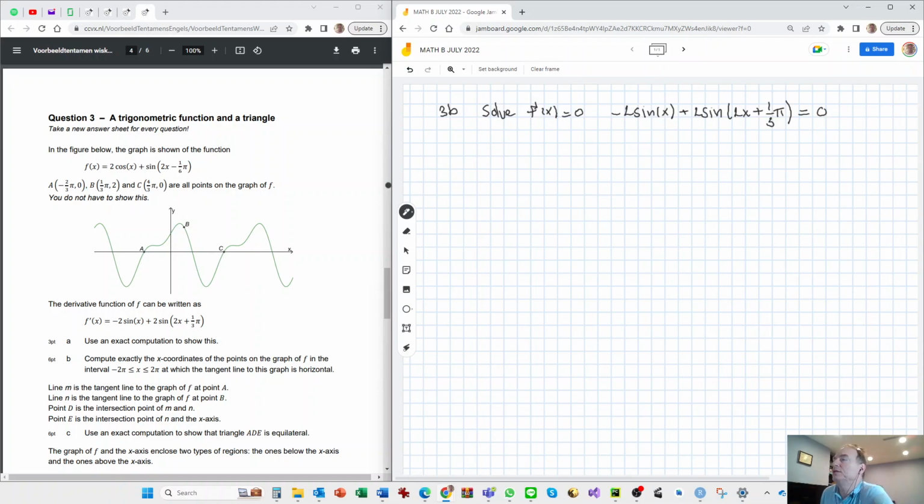Now this equation is of a form that, actually, I mentioned in some introduction video.